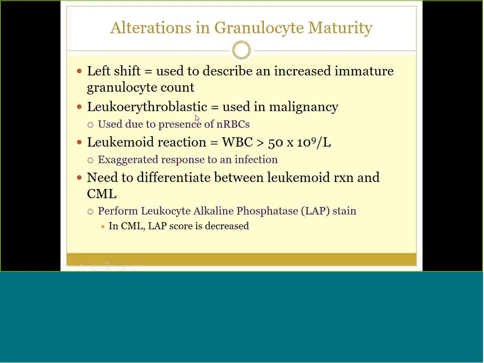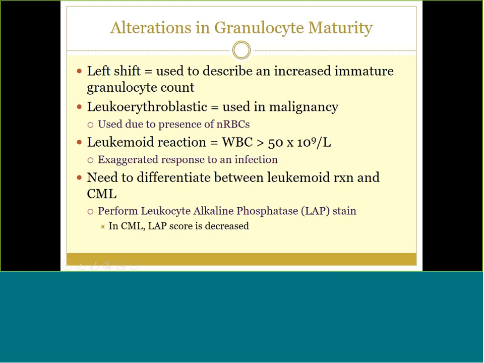If you look at the word itself, leuko stands for the white cell part, erythro, of course, for the red cell part, and then blast. Blast is always telling us it's immature. So it tells you immature white cells and immature red cells. So that would be the immature granulocytes plus the nucleated red cells would be leukoerythroblastic.